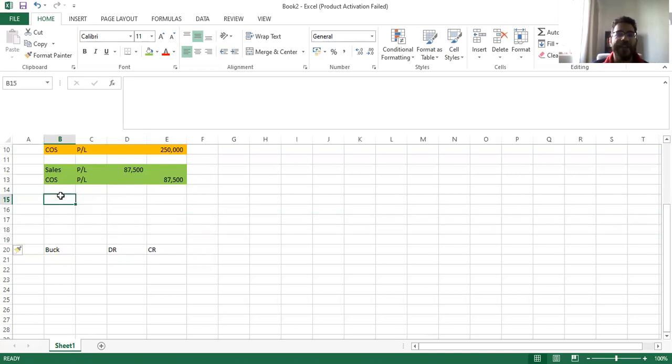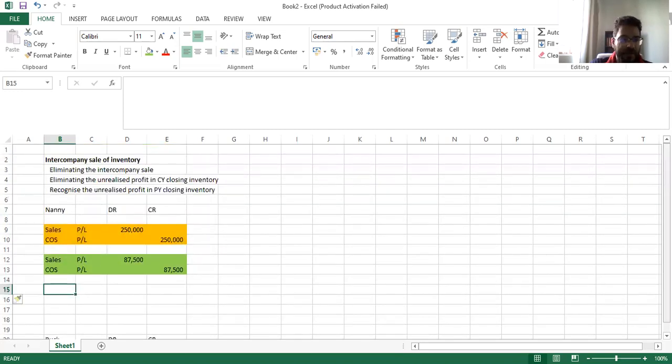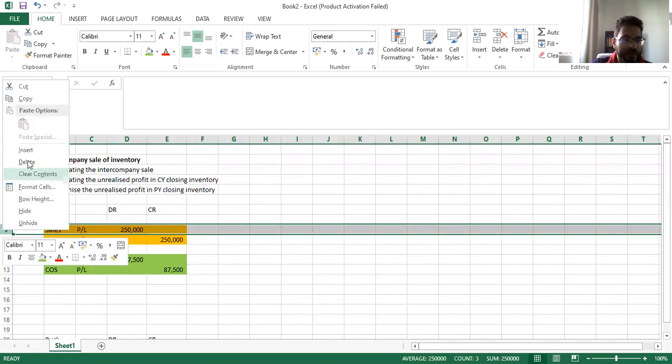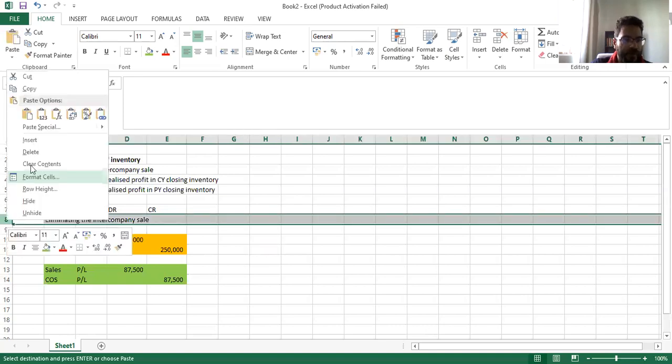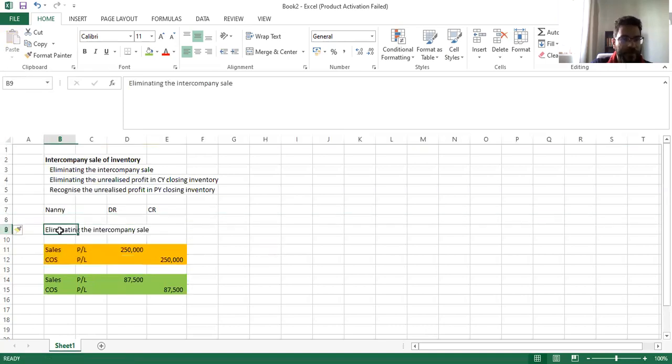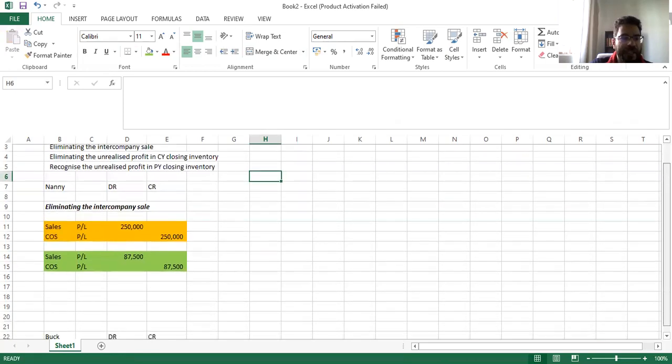Now the second journal entry. Okay, so let's just make this clear. This is the first journal entry. Now we're going to do the second journal entry.